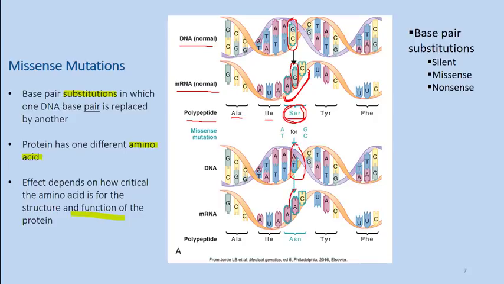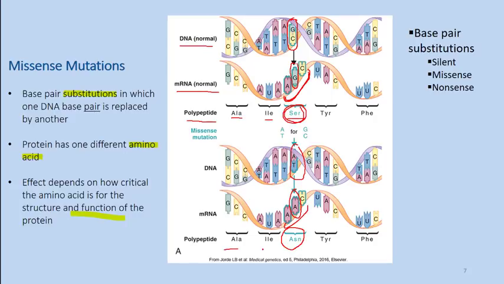And so when mRNA makes a copy, you can see that it now takes adenine as part of it. And now here's our codon, which has gone from AGC to AAC, which means that transfer RNA is going to bring a different amino acid to the ribosome. And you can see that different amino acid here.